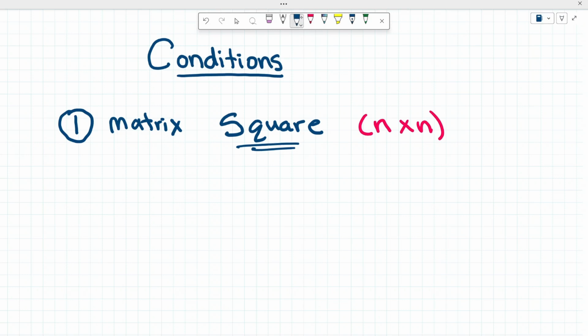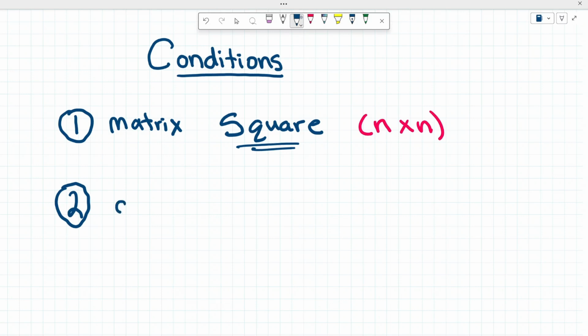Okay, so that's the main condition that we have to meet. The next things I'm going to tell you are important qualities of a matrix that we should look out for. The next thing is whether the determinant is 0 or not.